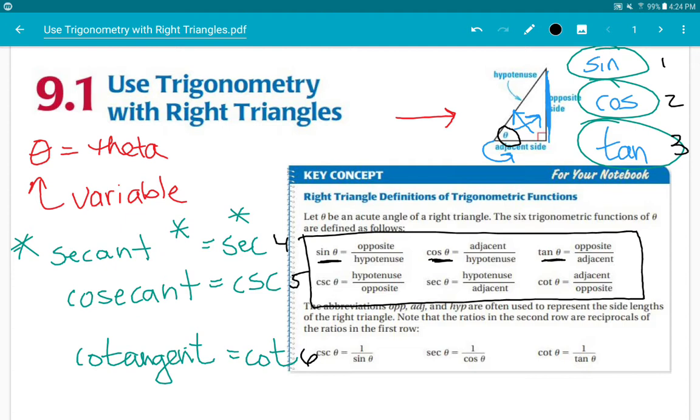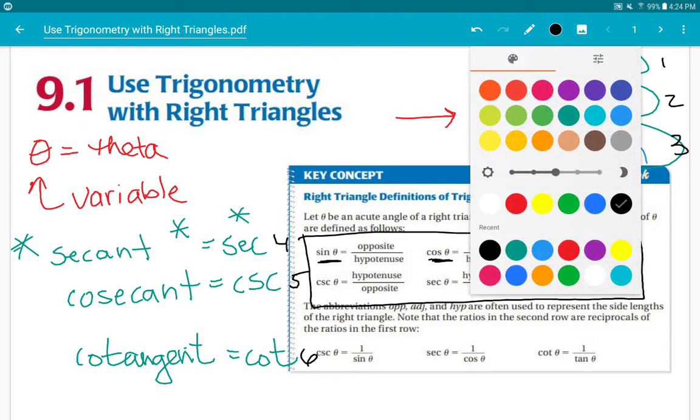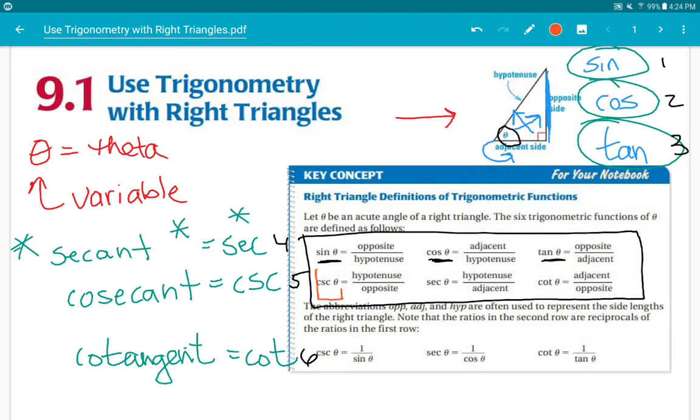Now, for these three here, these are the given definitions, and I want you to get familiar with those. Okay, cosecant is hypotenuse divided by opposite. Secant is hypotenuse divided by adjacent, and cotangent is adjacent over opposite.